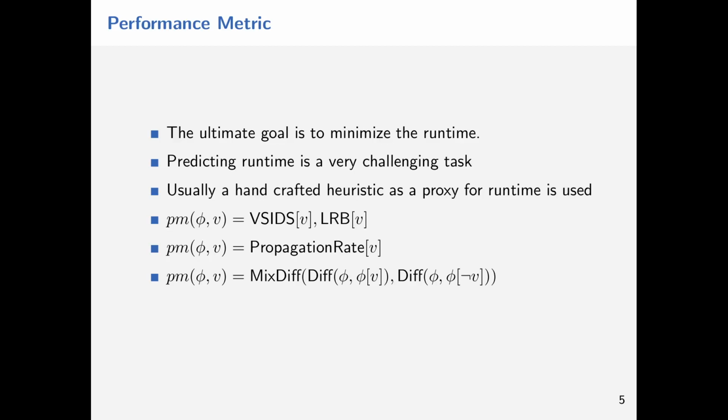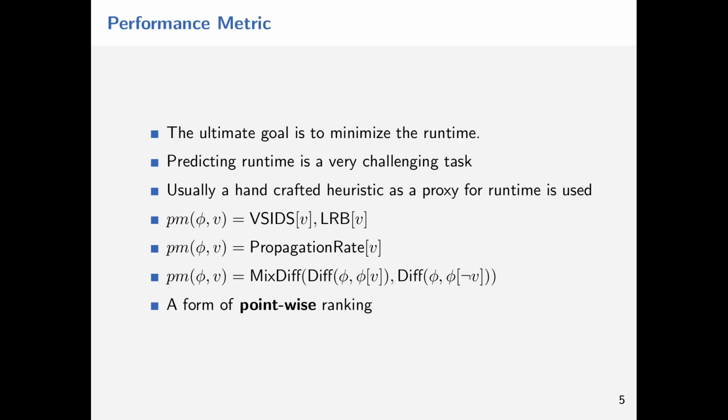In all of these methods in the literature, scores are assigned to each of the variables, and then we look at the scores and pick the variable with, for example, the minimum or maximum score. You can see this as a ranking of the variables in the form of pointwise ranking.